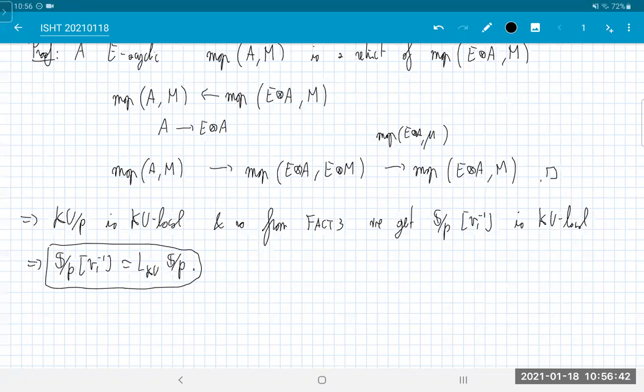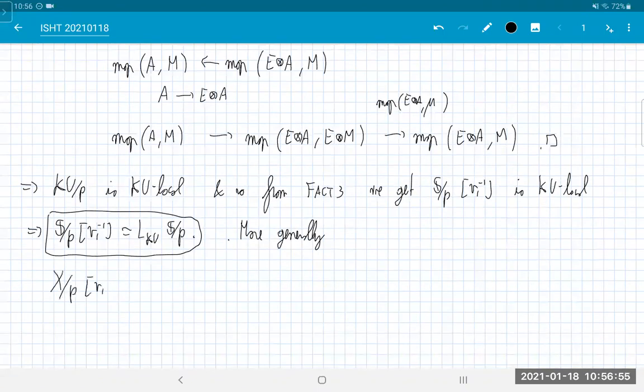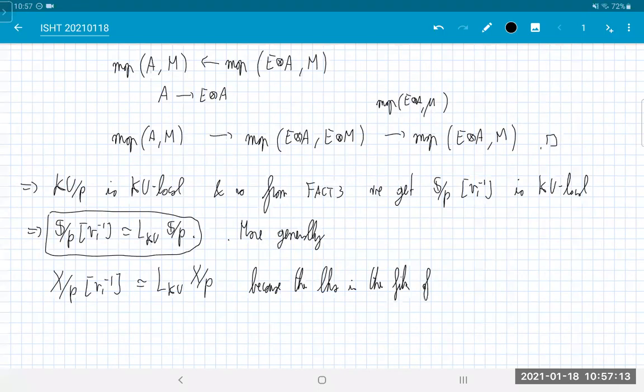And okay, more generally, you can take X mod P with V1 inverted, and this is going to be L_KU of X mod P. Because the left-hand side is the fiber of a map KU mod P tensor X to KU mod P tensor X. And so KU local.